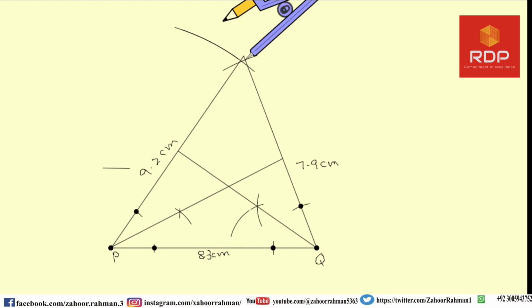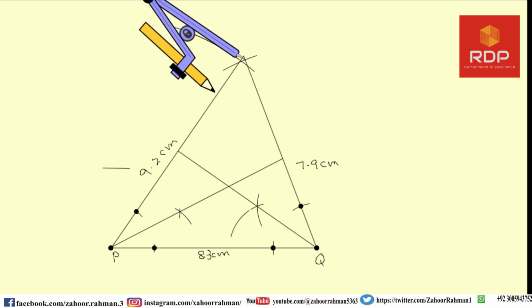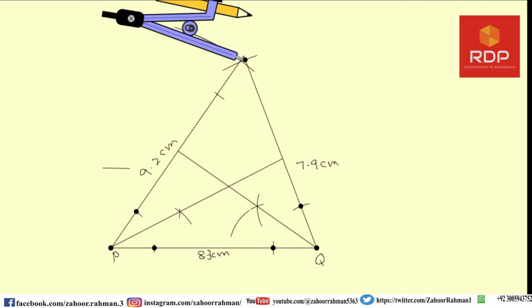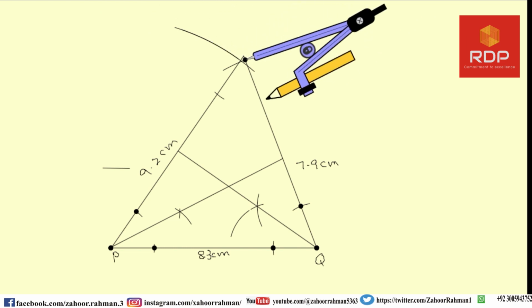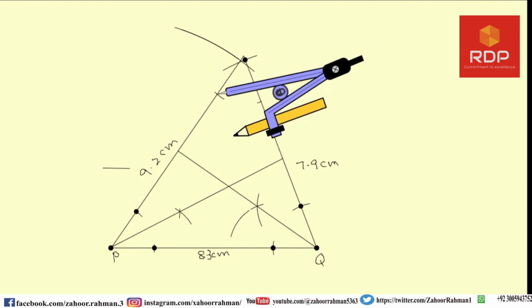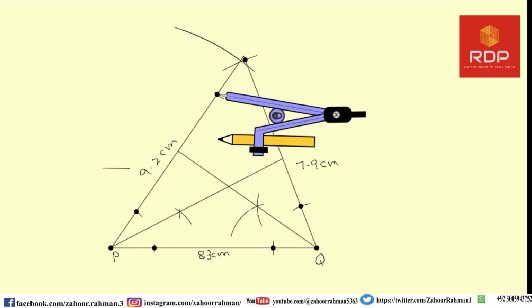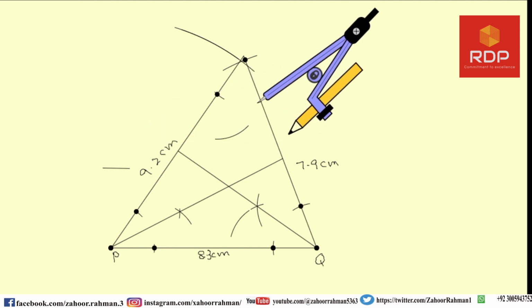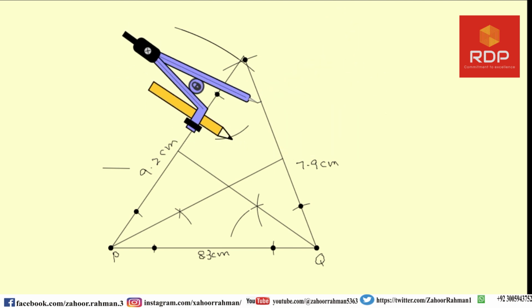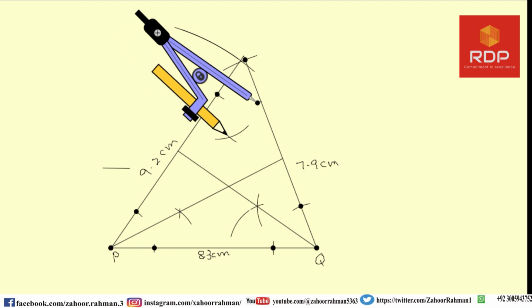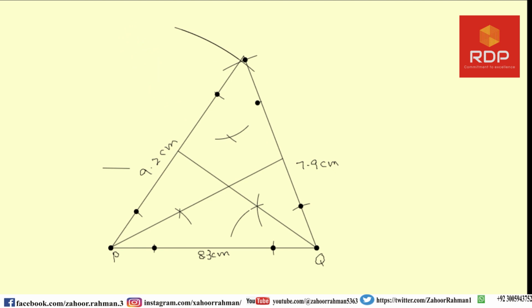So we have to bring the pointer first here, then we have to bring it at this location and make an arc, then we have to draw an arc here, and similarly we have to draw an arc here, and that is the whole story.